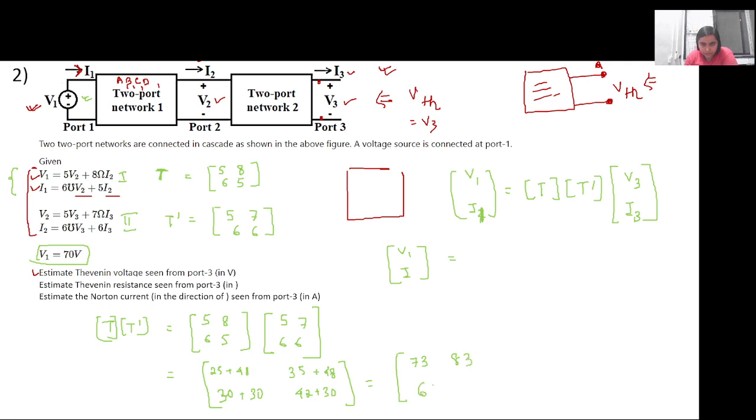Then 35 plus 48 is 83. Then 30 plus 30 is 60, and 42 plus 30 is 72. So this matrix multiplication gives A is 73, B is 83, C is 60 and D is 72. This is equal to V3 and I3.